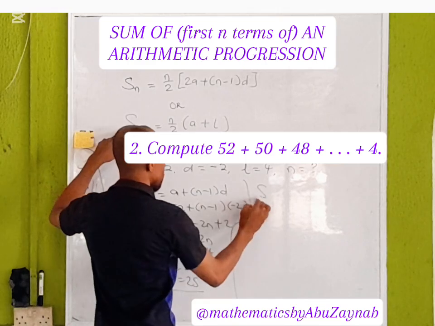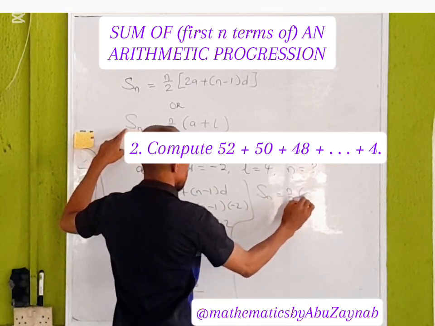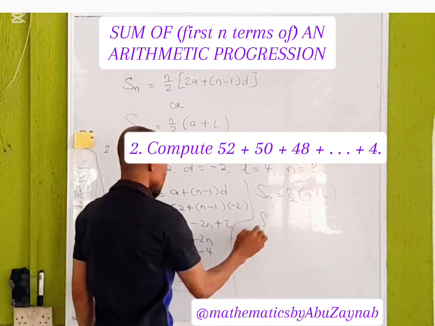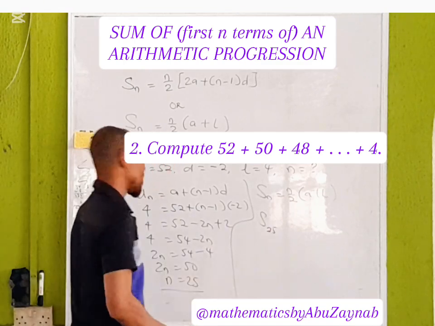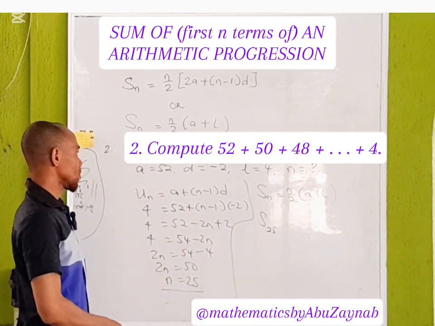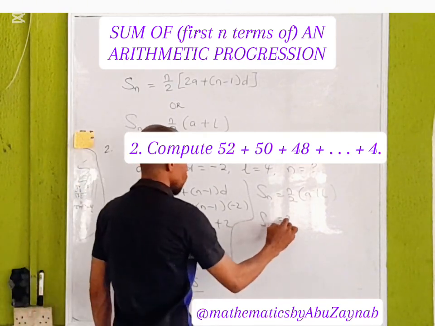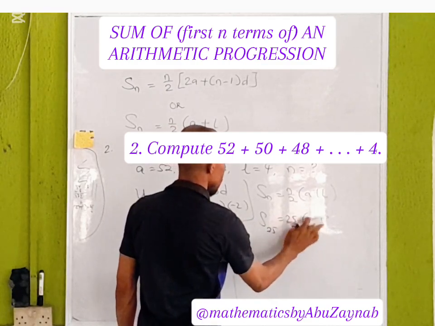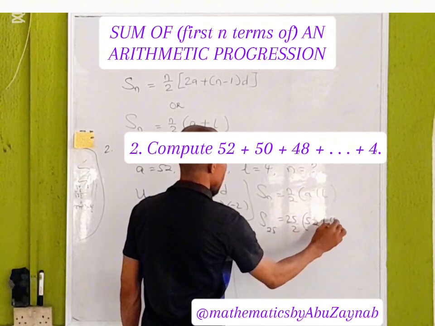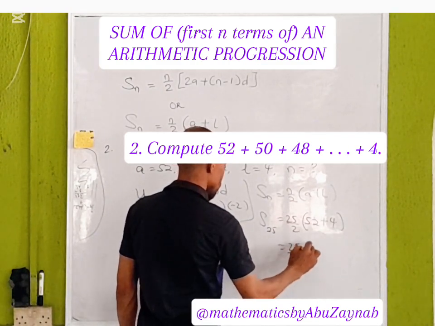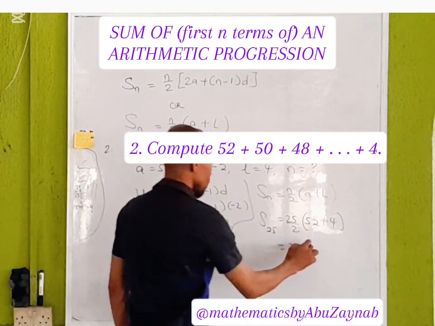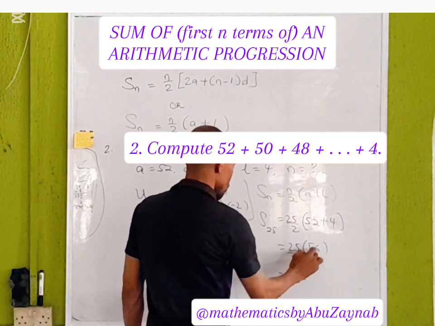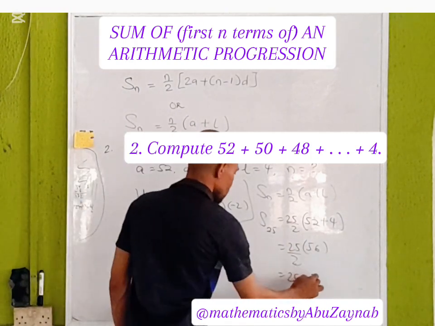So we have gotten n, which is the last piece we need. Using the formula Sn equals n over 2 times (a plus L), because we have the first and the last term, we are getting the sum of the entire 25 terms of that AP. So we have 25 over 2 times (52 plus 4). 52 plus 4 is 56, and 56 divided by 2 is 28.